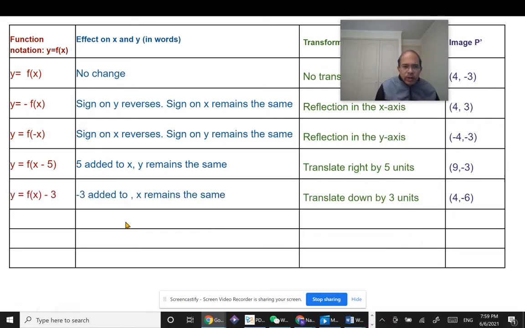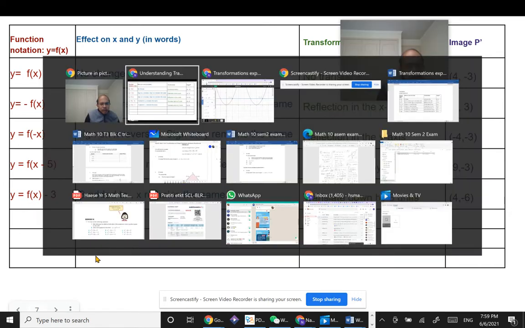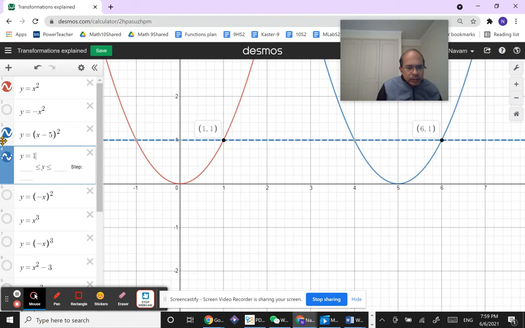Now let's consider y equals f of x minus 3. As you may realize, this is simply adding negative 3 to the output y, whereas x remains the same. Let's look at how this looks on a function.